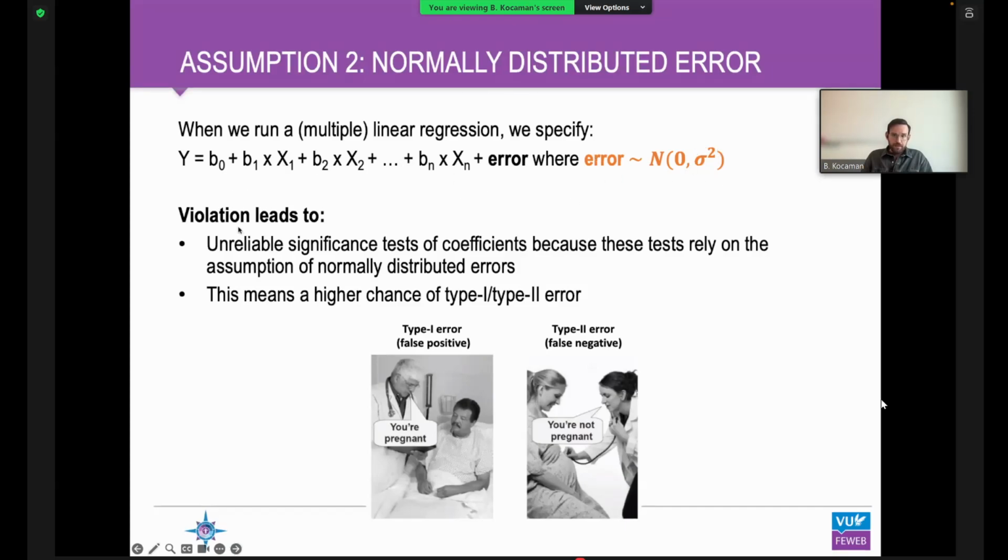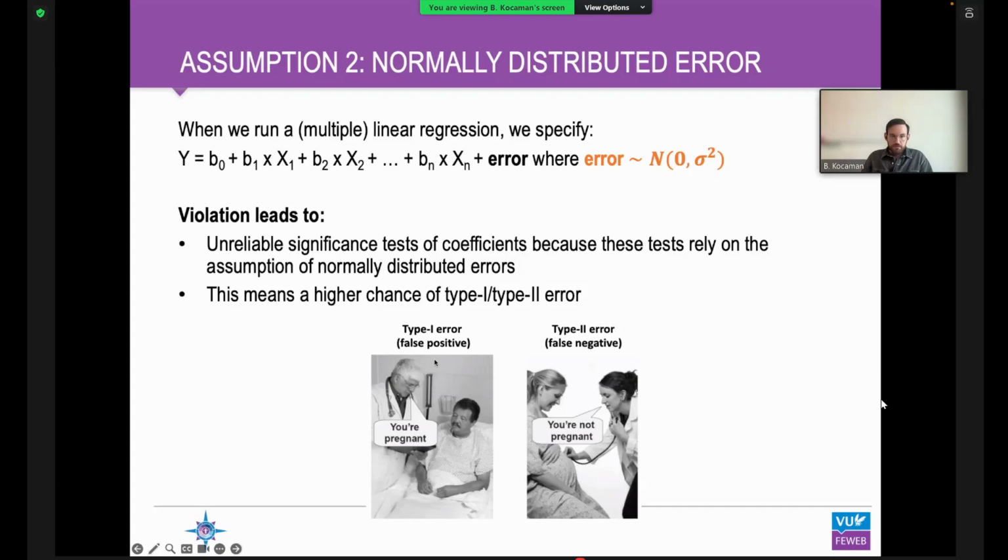If we violate this normality assumption, the significance tests become unreliable. So our conclusions about the significance of the estimate might be misleading, and this means a higher chance of type 1 and type 2 errors.